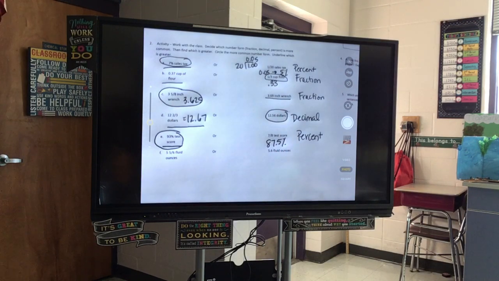All right, so which one is most common? Hold on, wait. Are we doing fraction, decimal, percent? Start with that. Addie? So you're doing decimal? All right. Does anybody think that the fraction is more common? So why do you say decimal?